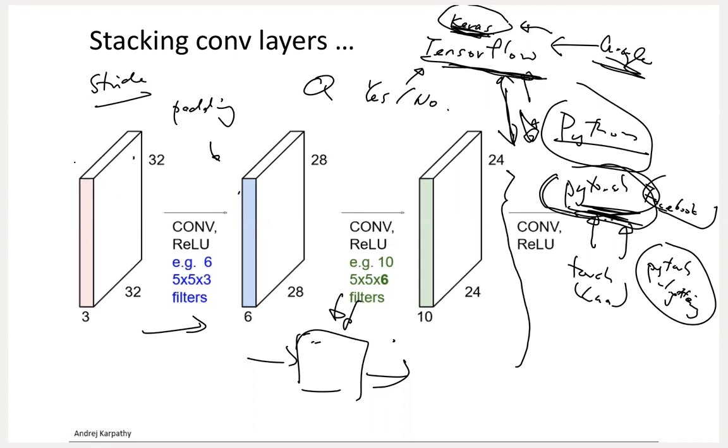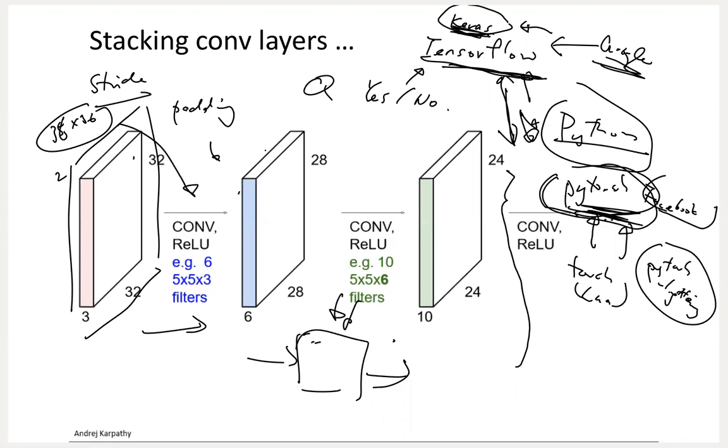Maybe I can pad two lines of zeros across each of the boundaries so it becomes 36 by 36, and then I do the conv layer here, I will get back 32 by 32. So you can have padding of 1, 2, or 0, and so on. In this case, if I want the same dimension as before, I would set padding equal to 2.